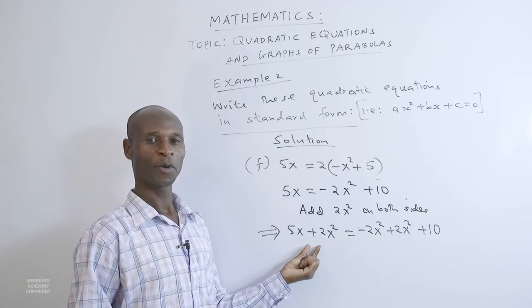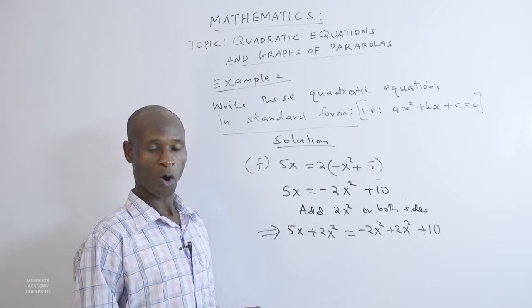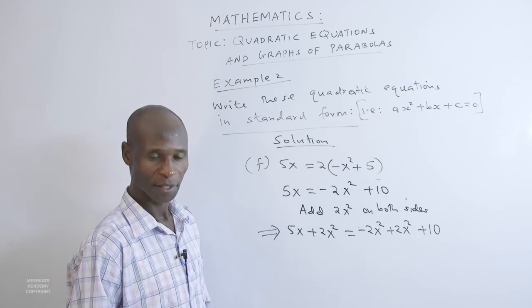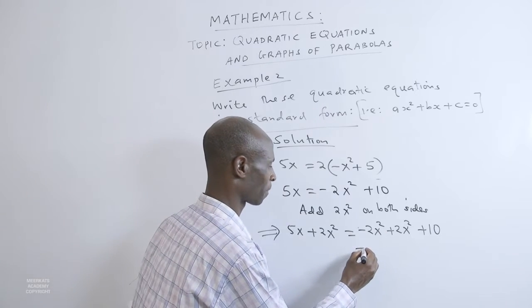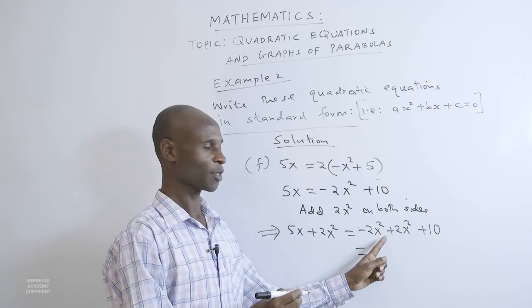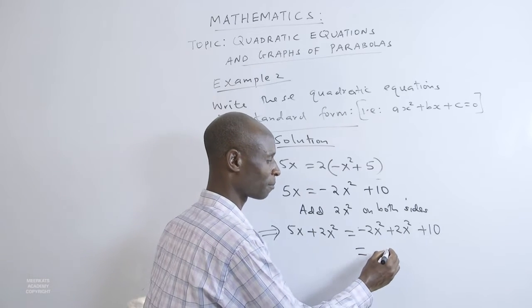So if we add 2x squared on both sides, on the right hand side, we shall have negative 2x squared plus 2x squared is a 0.